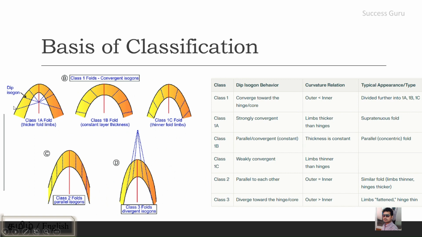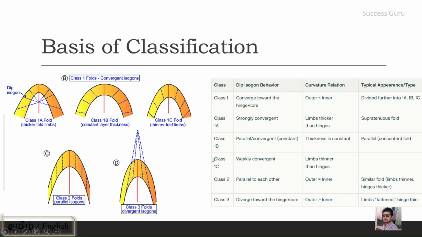So this is somewhere near 40 or something, the same value will be here. This is somewhere near 30 or something, the same value will be here. And this is 20 degrees or something, the same way it is here. So the dip isogons having equal value are converging towards the core of the fold or the axial plane, right? So this is called class 1.